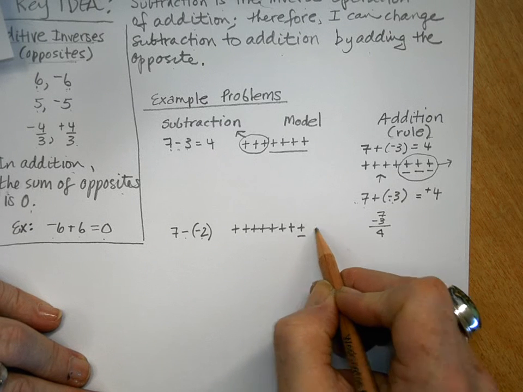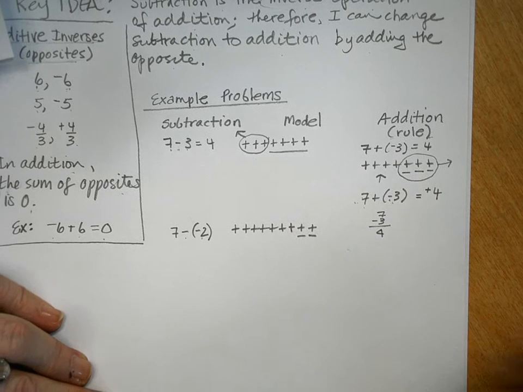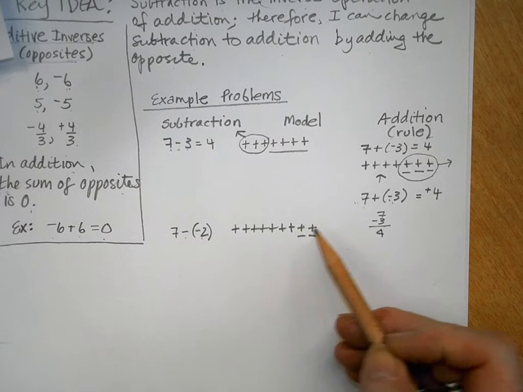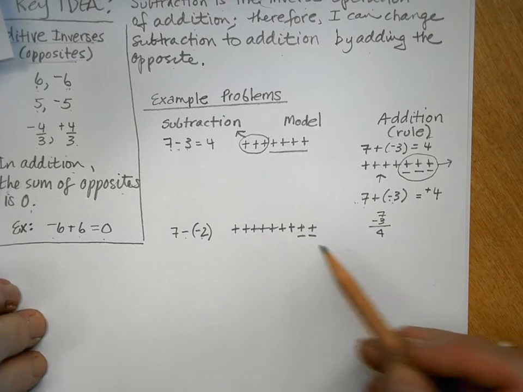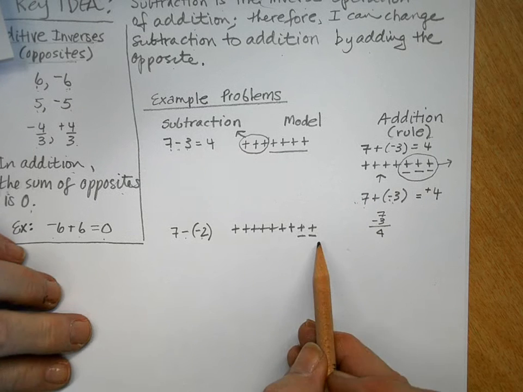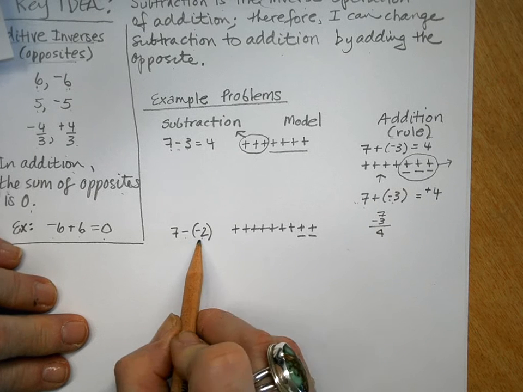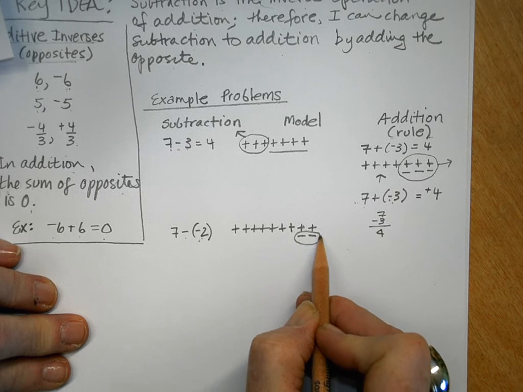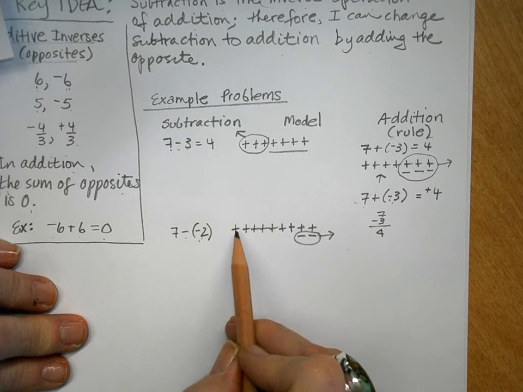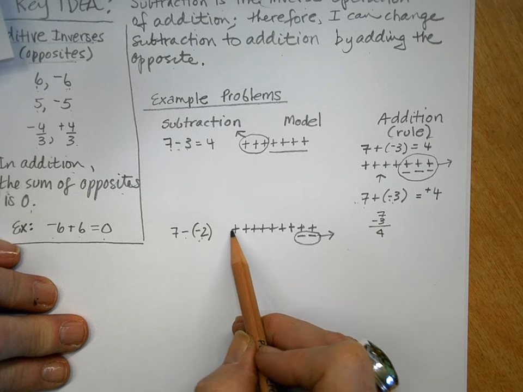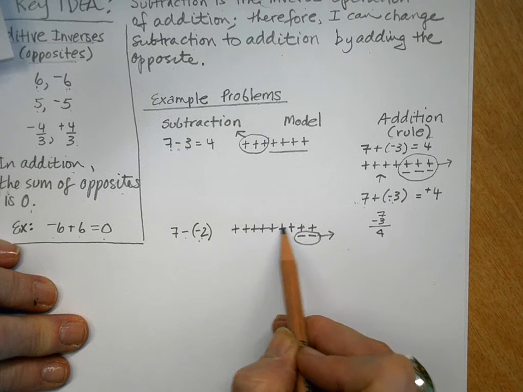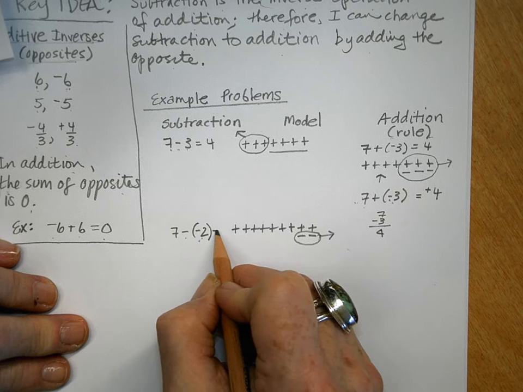So here's one 0, here's another 0. A +1 and a -1 is 0, so I'm not changing the value of this. But at this point now, I can remove -2. Here they are. I take them away, and my answer is whatever remains, which is 1, 2, 3, 4, 5, 6, 7, 8, 9.